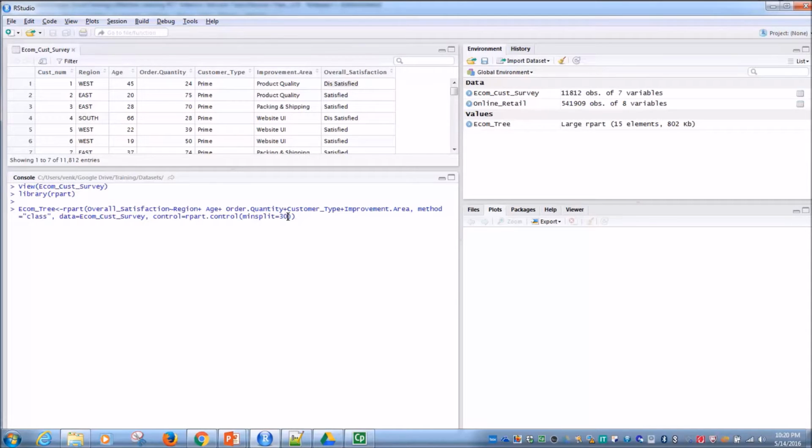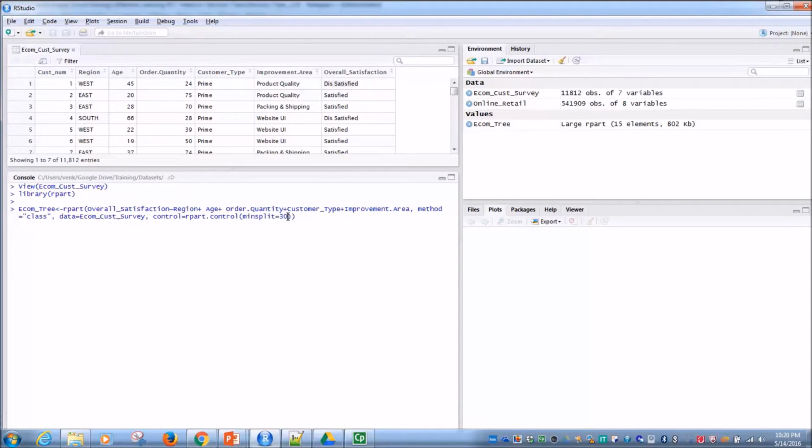Why are we asking that? Because while subsetting, we are also finding out the characteristics. One example of subsetting is all the customers who are from the north region, and all the customers who are from the south region. So we can have two subsets like that, and see whether north region customers are highly satisfied or south region customers are highly satisfied.